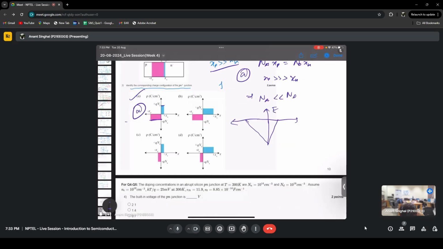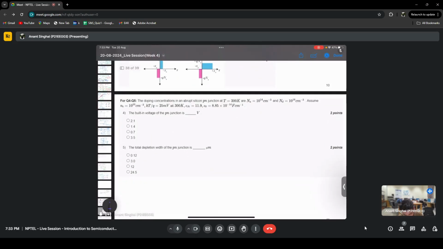So I'm skipping that. Further, we have the doping concentration of a PN junction, Na is given, Nd is given, and you need to find out the built-in voltage and the total depletion width. Will you be able to do it? Yes, sir. We already have the formula: Vt ln(Na Nd / Ni squared).